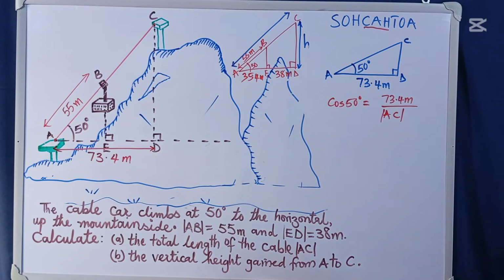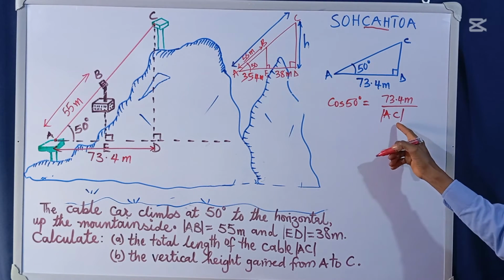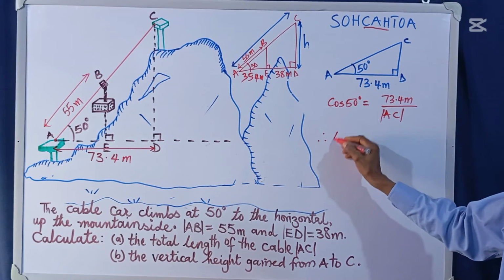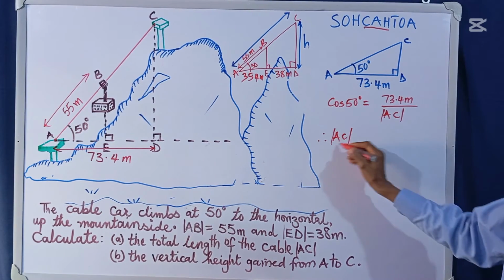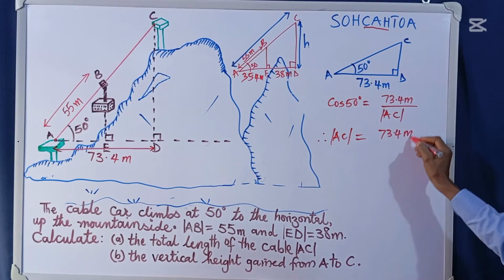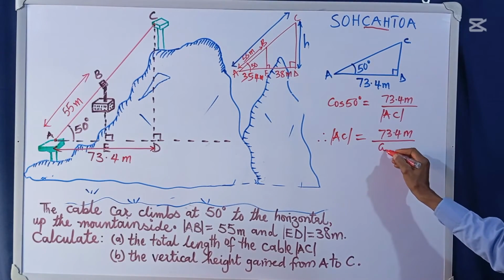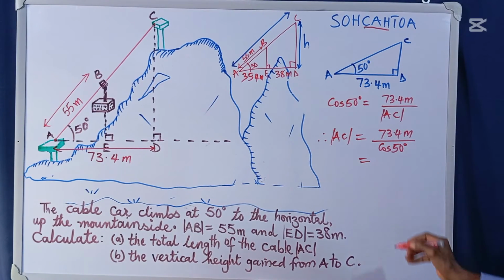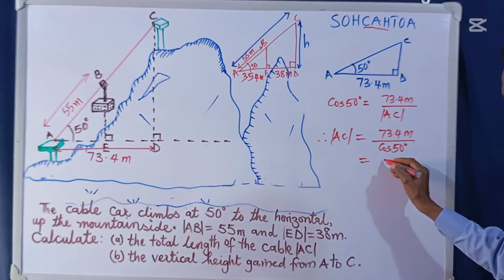So let's make AC the subject of the formula. Therefore, AC is equal to 73.4 meter divided by cos 50 degree.